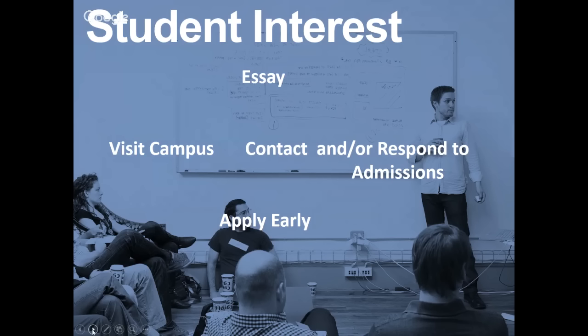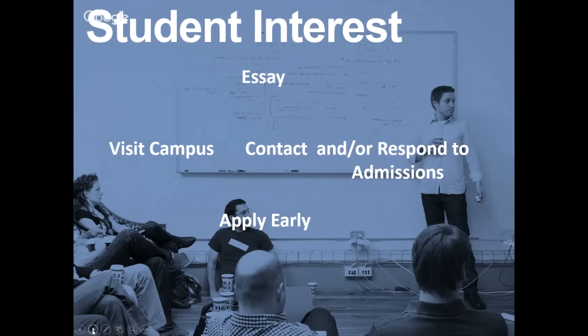Visiting campus is one way we gauge student interest. But as an international student, we understand you can't visit campus. But if you contact or respond to admissions, that's the same as a campus visit. And we keep records of all of your interactions with the university so that we can gauge how interested you really are. One of the best ways, though, is apply early.